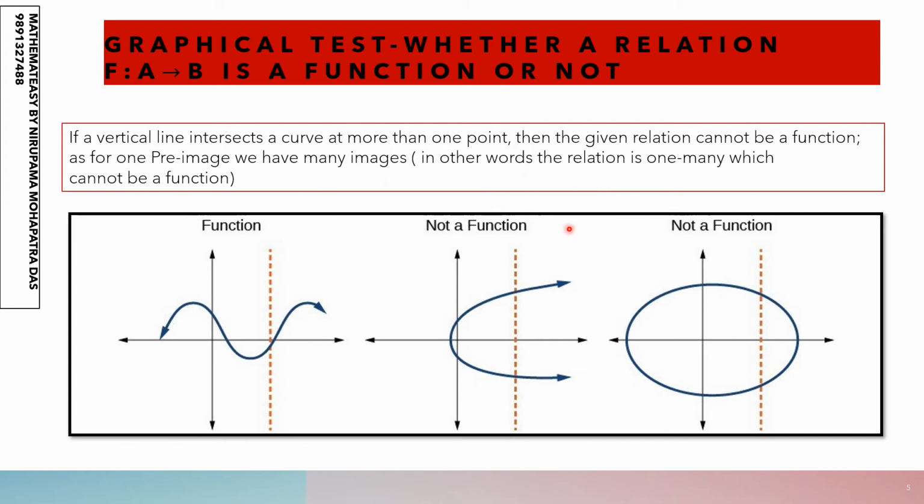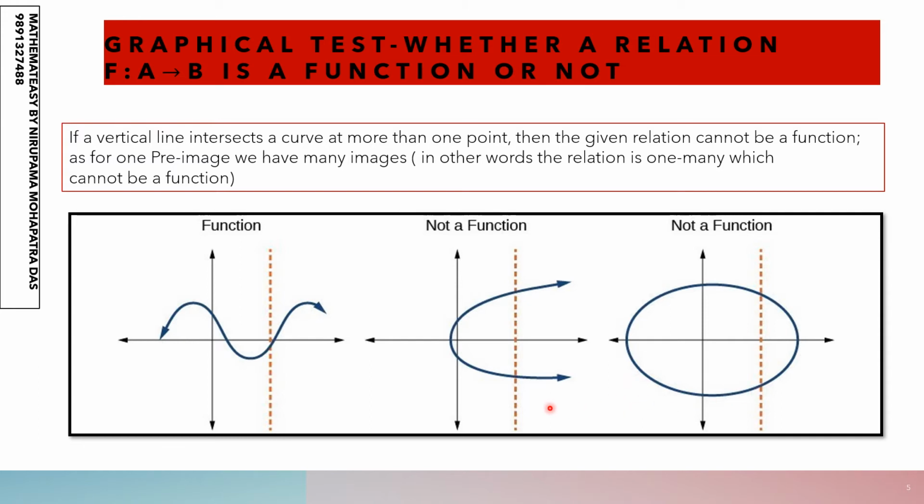Whenever you have a relation between x and y, you can draw a graph. But now the question is how to check whether the relation is a function or not by just looking at the graph. Here I have taken three graphs. The first one is a function, and the other two are not functions.